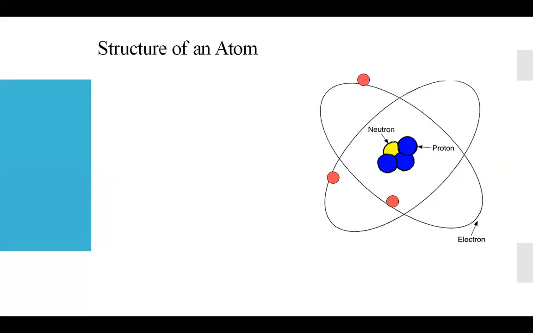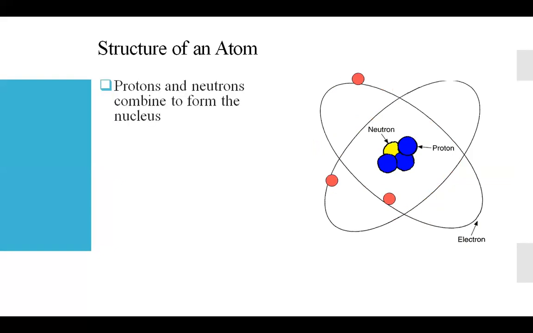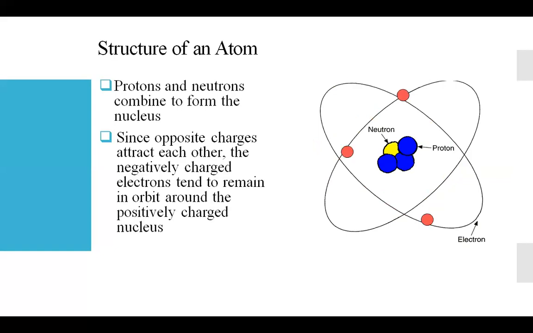Now you can see how it moves. This is the structure of the atom given here. As I mentioned in the previous part, you have the proton and the neutrons in the center, and the electrons move around. This is the envelope given here. So protons and neutrons combine to form the nucleus. This is the center part, the combination of the proton and the neutron, that is the nucleus.